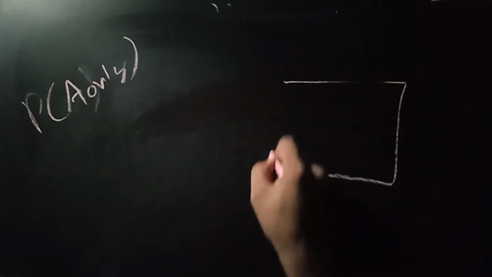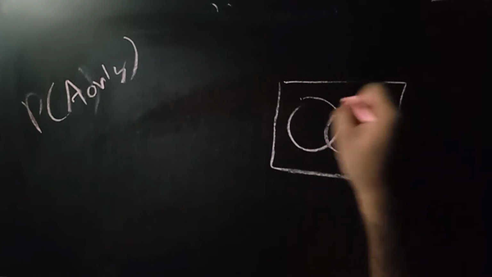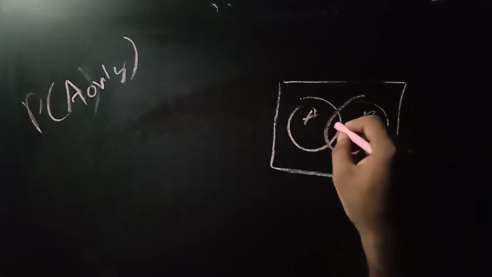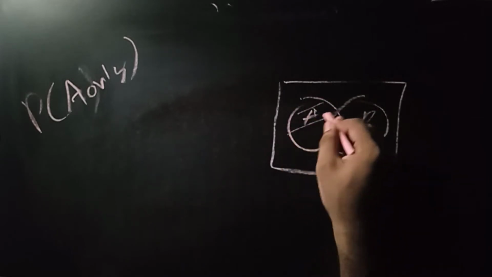Then we have, let's say, the probability of only A, not B, only A. If we have the Venn diagram where this is A and this is B, then we want A only, it cannot be B, so it should be this shaded region.